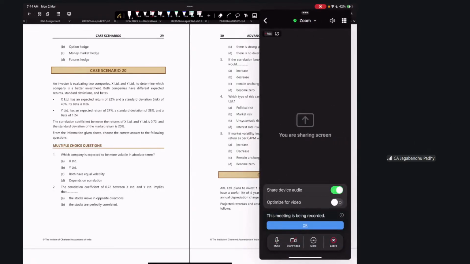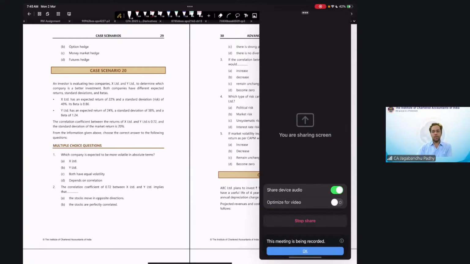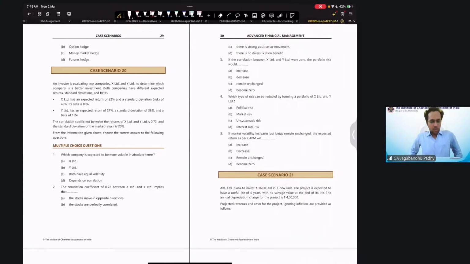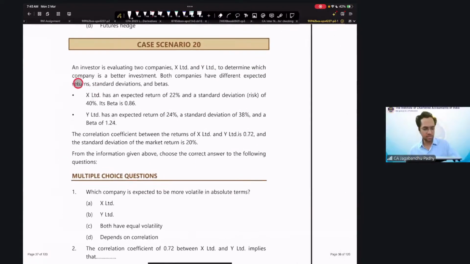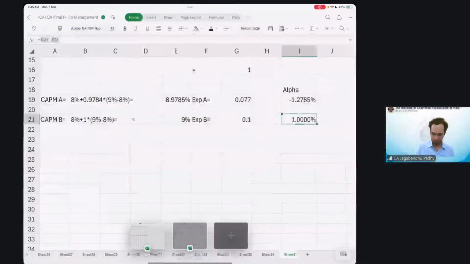Okay, guys. So here we go. An investor is evaluating two companies, X Limited and Y Limited, to determine which company is a better investment. Both companies have different expected returns, standard deviations, and betas. So let me just take down the data.